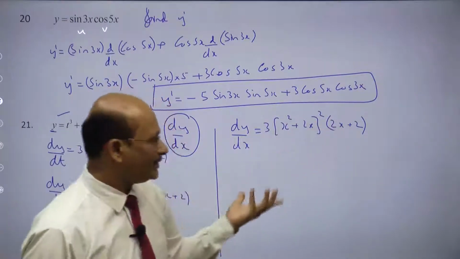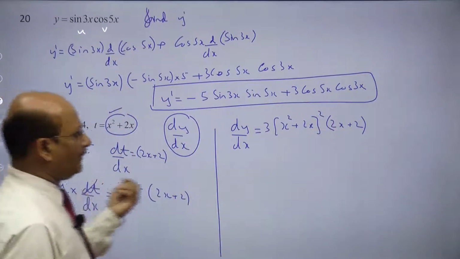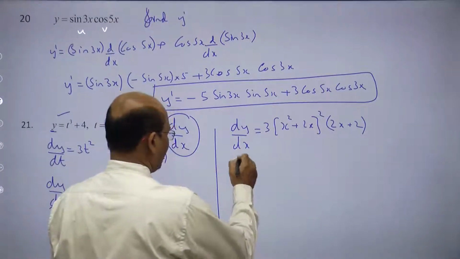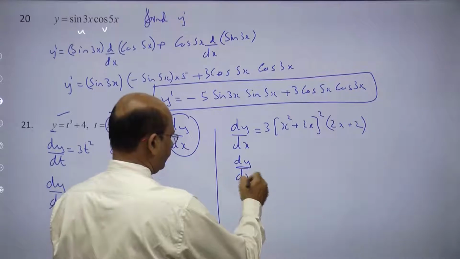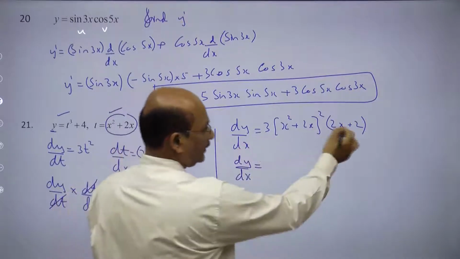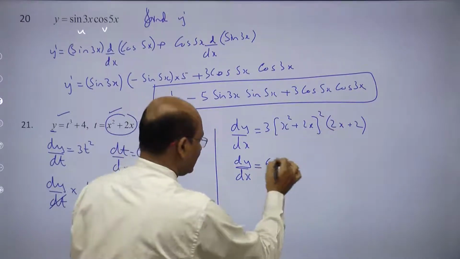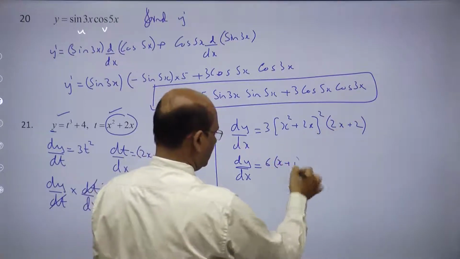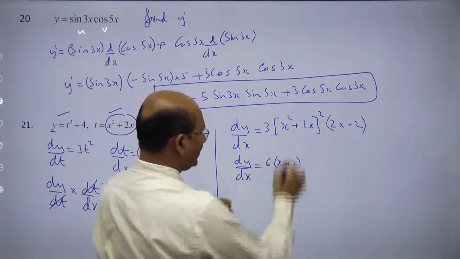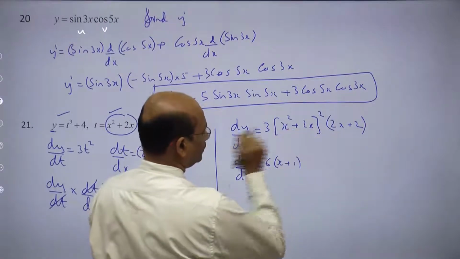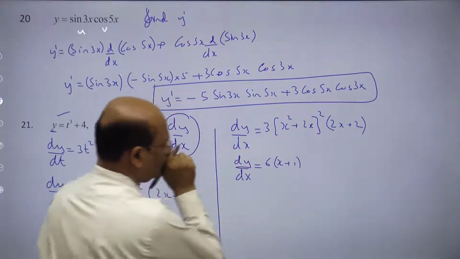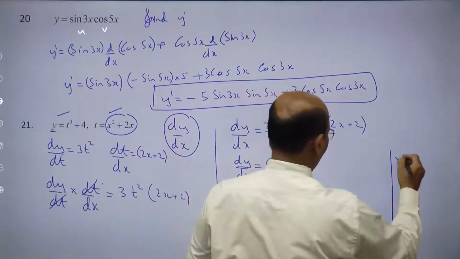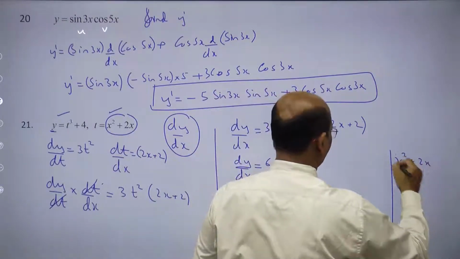Now, you can simplify this. I do not think anything much is there, but let me see whether I can really do the best simplification here. So, dy by dx will be equal to, if I take 2 common here, 3 2s are 6, this will become x plus 1, and if I can take x, I will just show you the working here of this. So, this is x square plus 2x whole square.